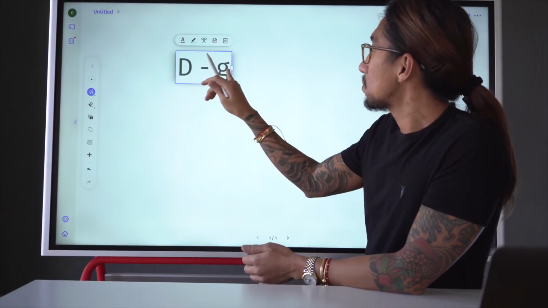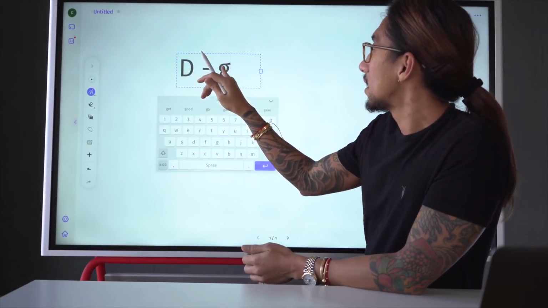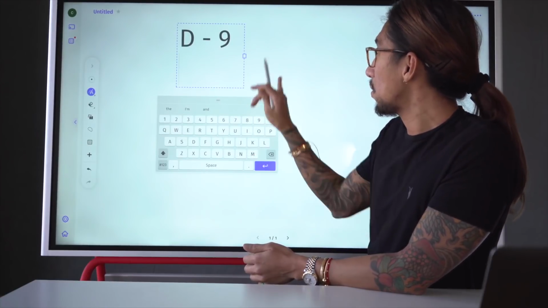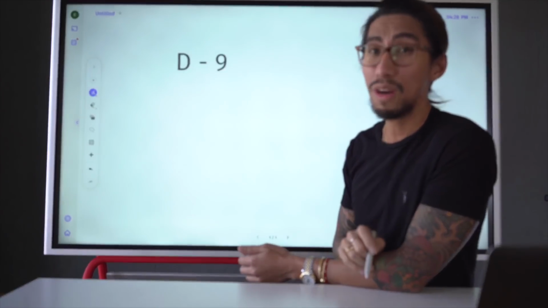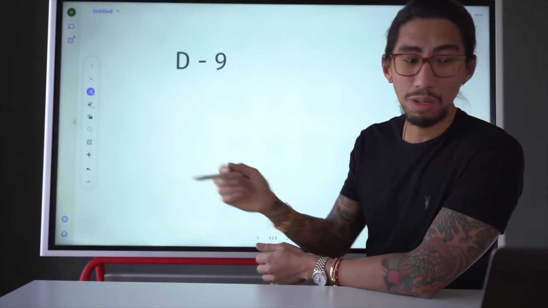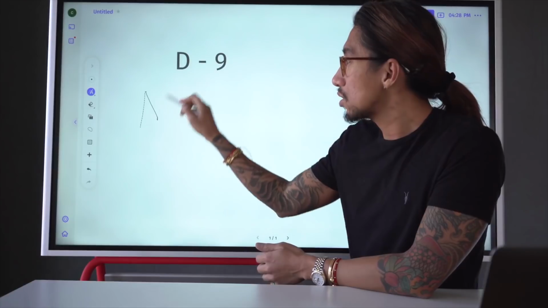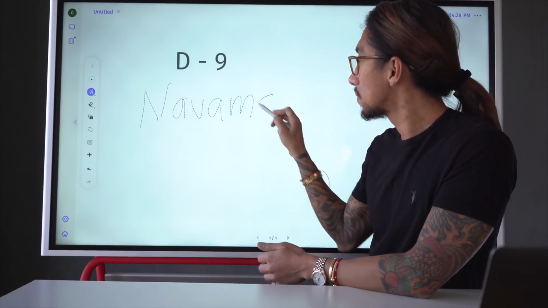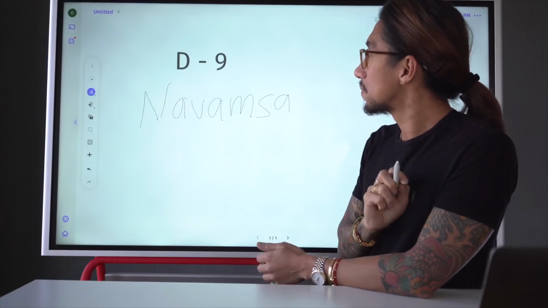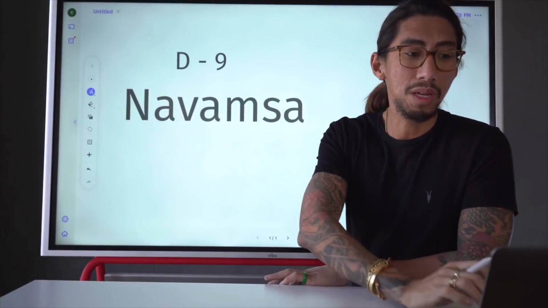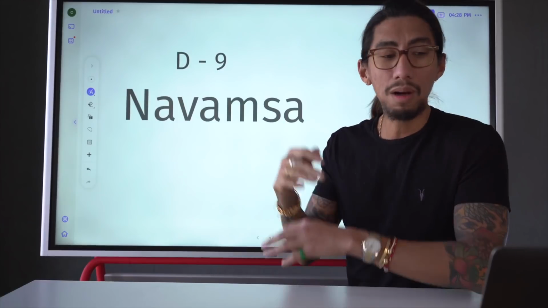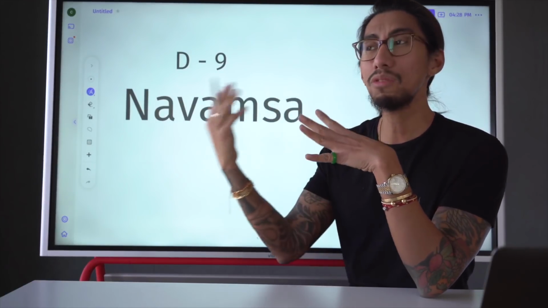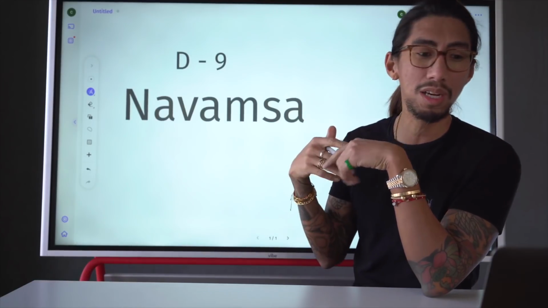Very, very famous, because this is what we call the Navamsha. The Navamsha is marriage. We're going to see marriage here, everything related to spouse. This is where we're going to look.